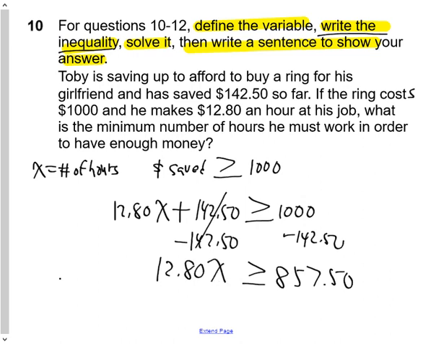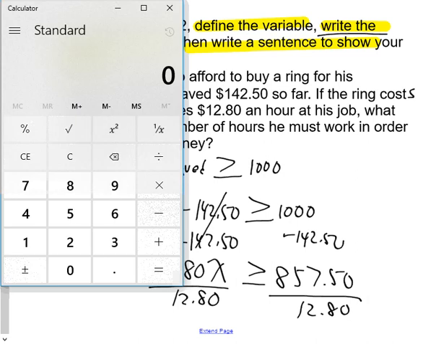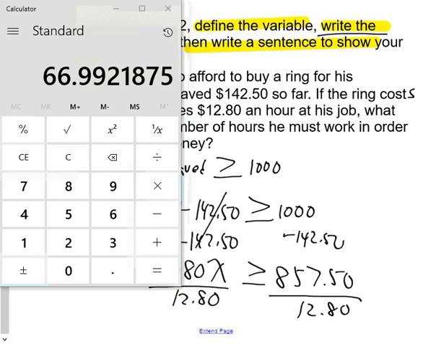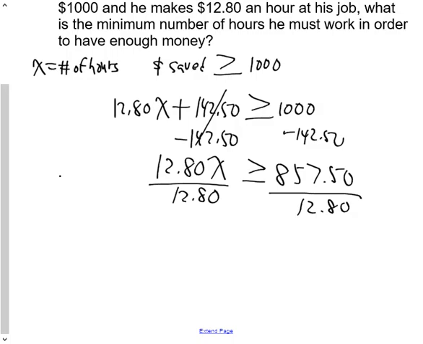Now what we're going to do is divide both sides by the coefficient. When I take that number, $857.50, and divide it by the coefficient of 12.80, it works out to be 66.9921875. So therefore, 66.99, so X has to be greater than or equal to 66.99.